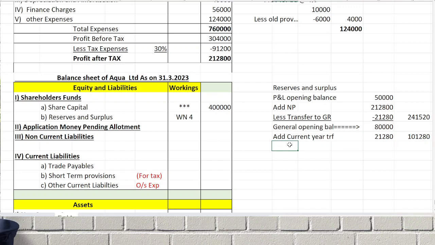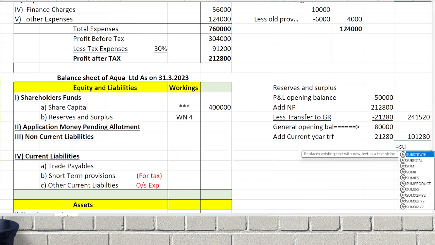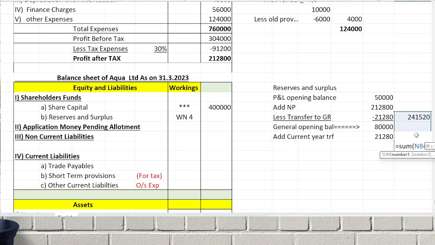Then any other reserves and surplus? Long-term borrowings will come.